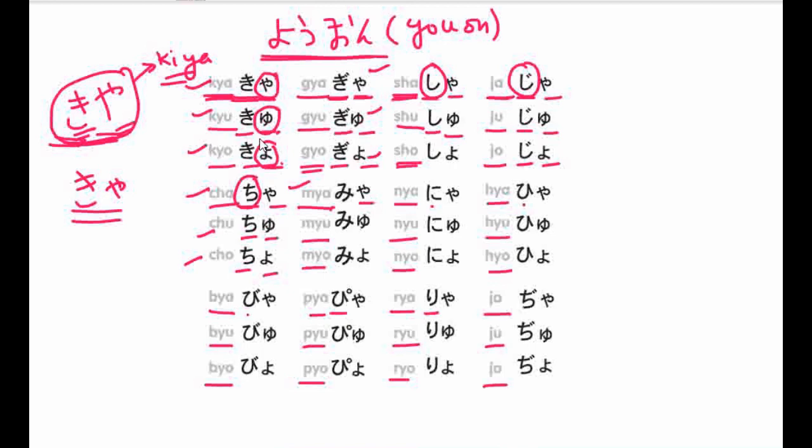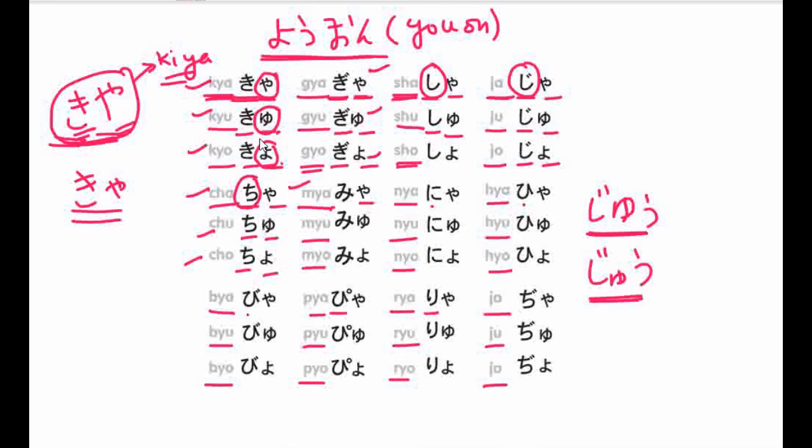Okay, now let me give you an example. There is a word, if I write like this, ji and u, and if I write like this, now I will make small yu and o. This will be pronounced as jiyu, and this will be pronounced as ju.